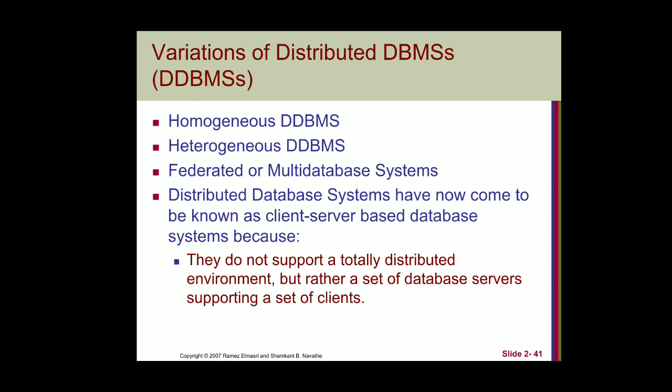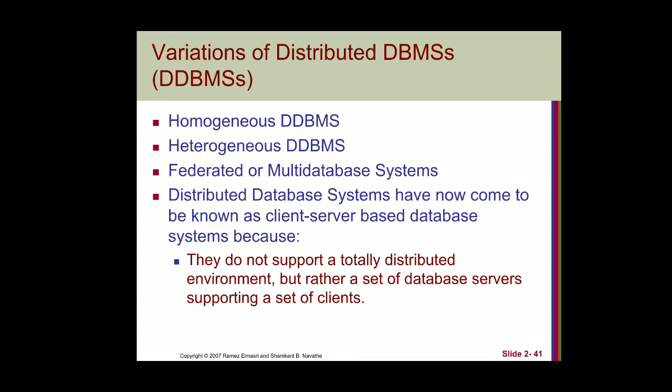Then other variations of distributed DBMS, DDBMS is nothing but distributed DBMS. Homogeneous DDBMS is when we have multiple DBMSs at multiple sites, and we make use of the same DBMS software everywhere. Like if you are using MySQL everywhere, then it's homogeneous, right?